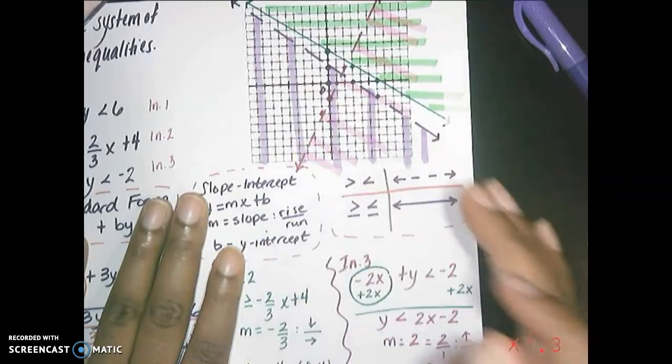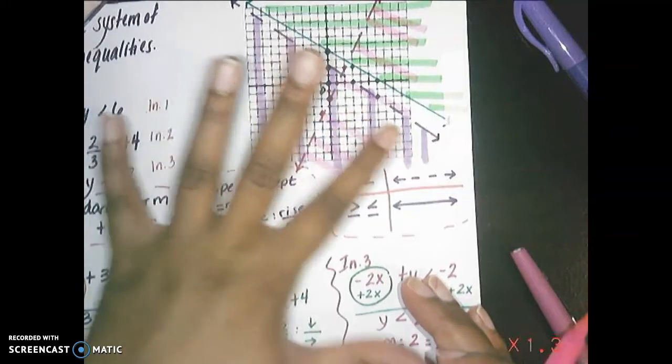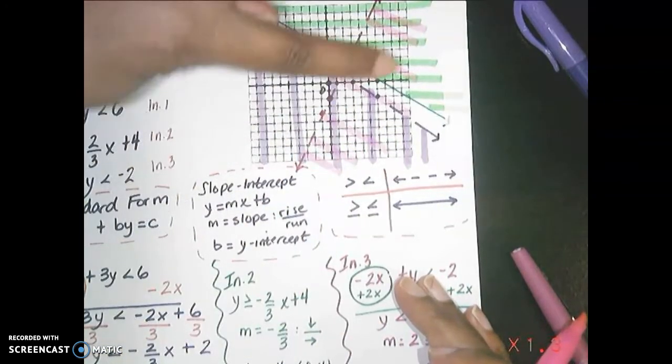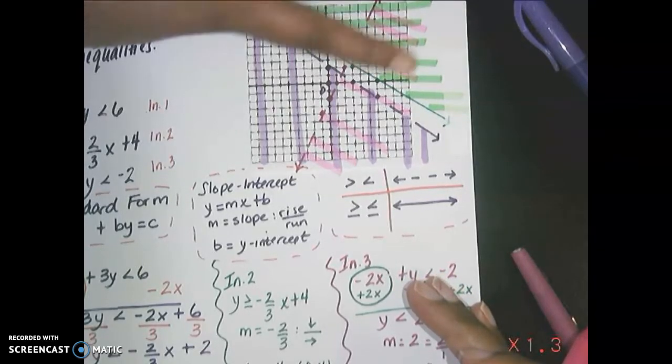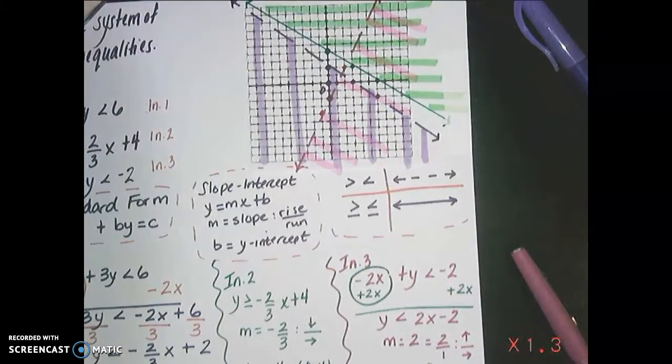We have this section where the purple and the pink overlap, but there's no green there. The second inequality was greater, so there's no overlap there. There's overlap between the green and the pink, but it has to be all 3 colors overlapping in order to have a solution. So in this case, our graph has no solution.